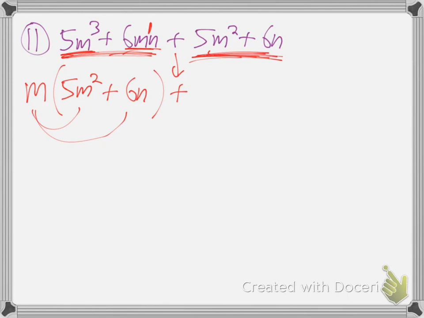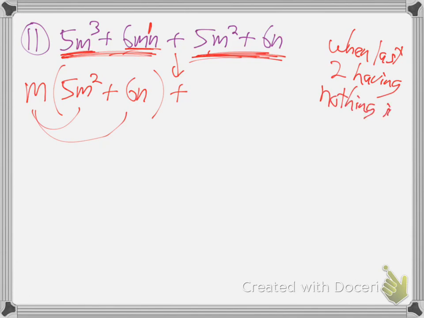What do the last two have in common? Nothing. So let me write a note about that. When the last two have nothing in common, comma, factor out a 1.